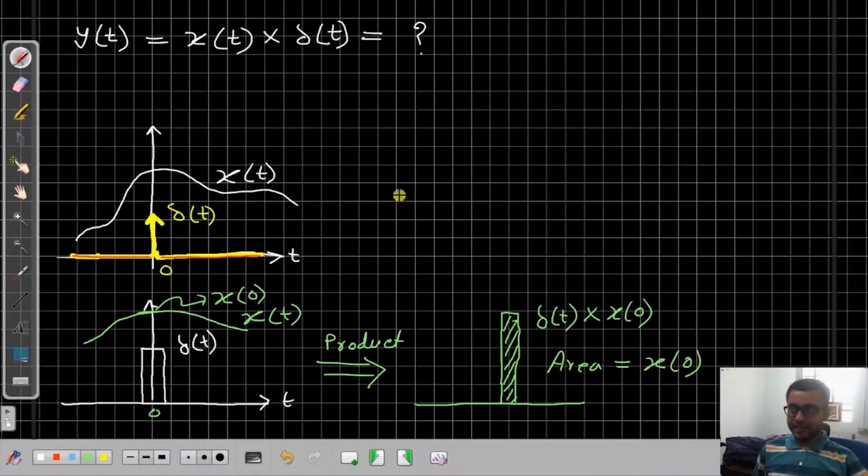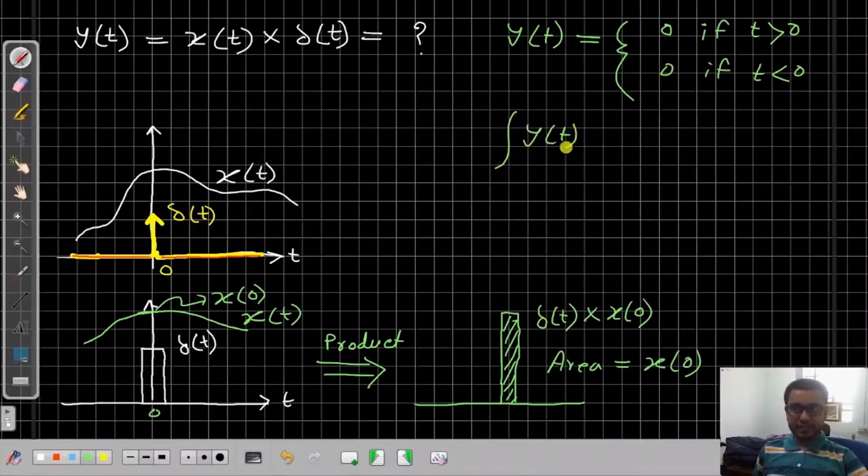So what we can say is that y(t) is a curve such that this is equal to 0 if t greater than 0 or if t less than 0, and the area under this curve is equal to x(0).